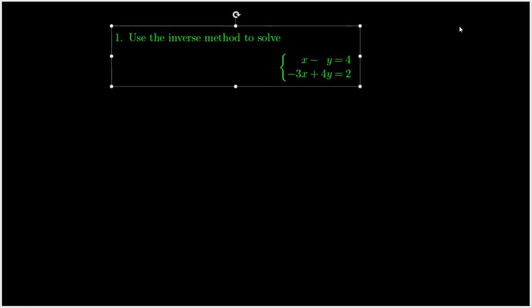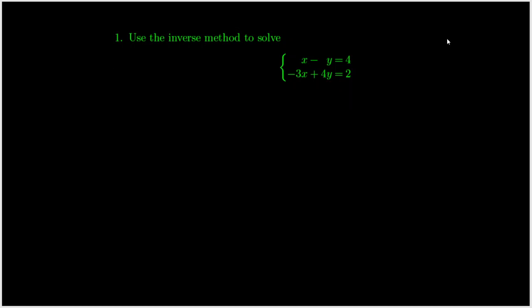I have time to do at least one question in part 4. Actually, the other question should be very similar. If I want you to use the inverse method to solve a system of equations, you have to do it the following way. You have to use the inverse method. Now the solution. I will give you the solution. Okay.